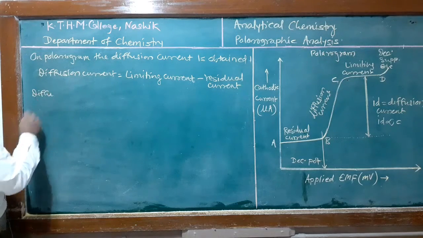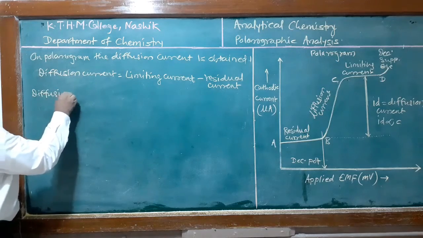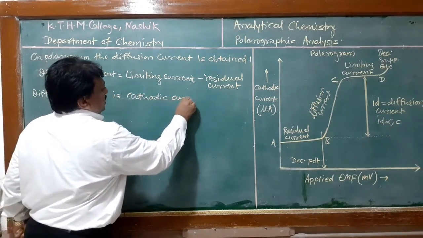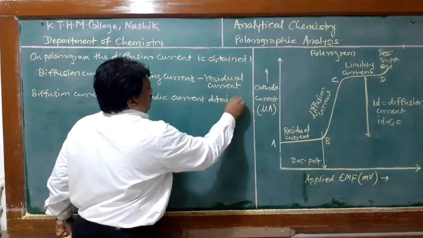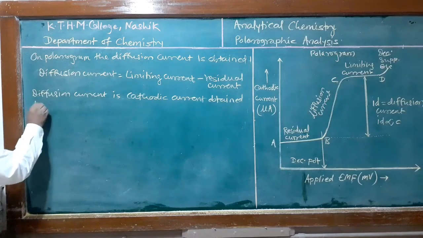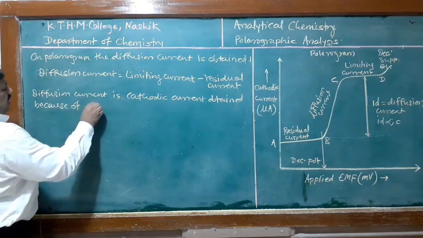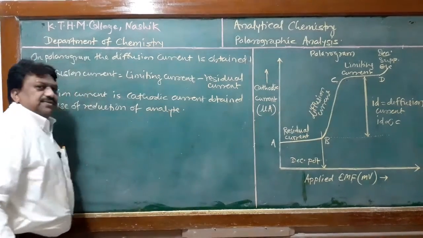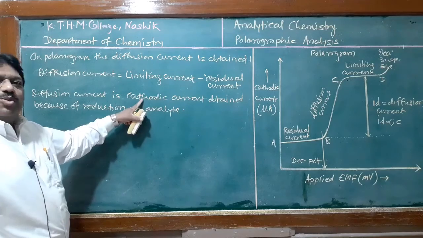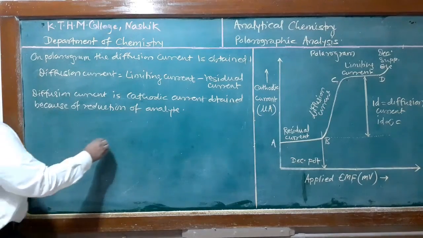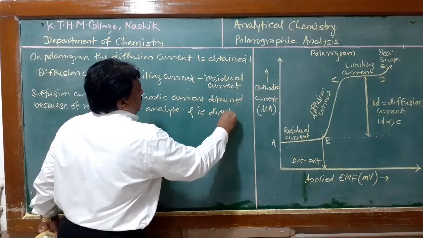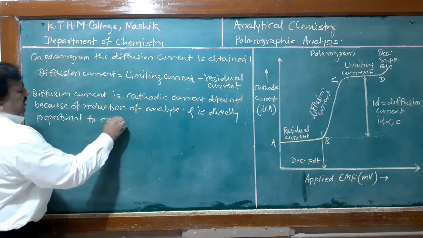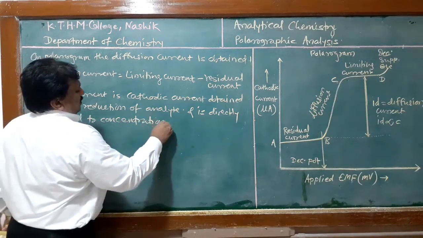Diffusion current is the cathodic current obtained because of the reduction of analyte, and therefore this diffusion current is directly proportional to the concentration of analyte.